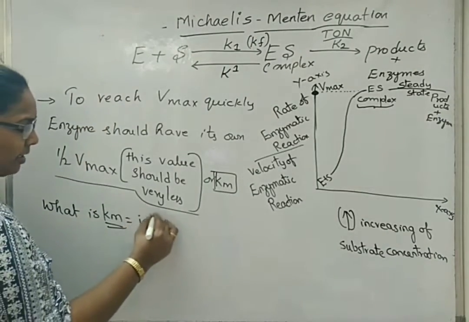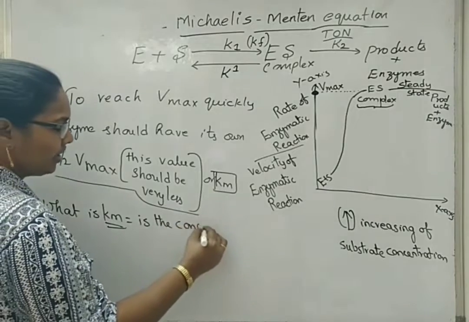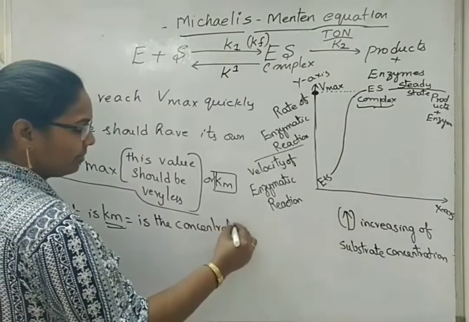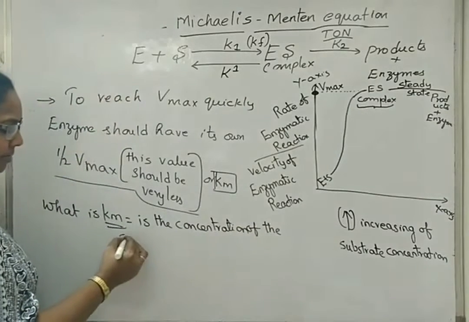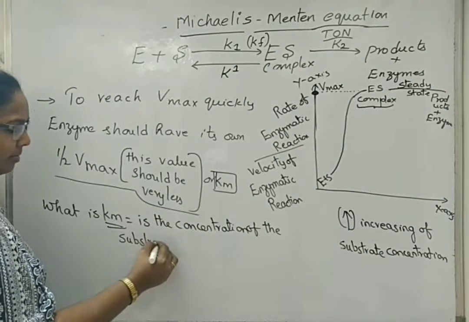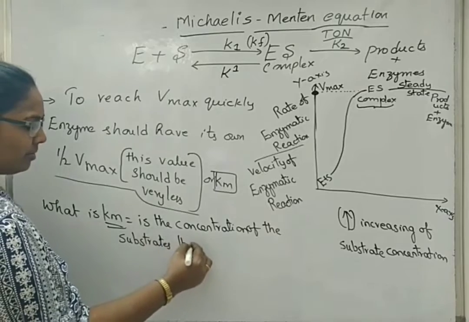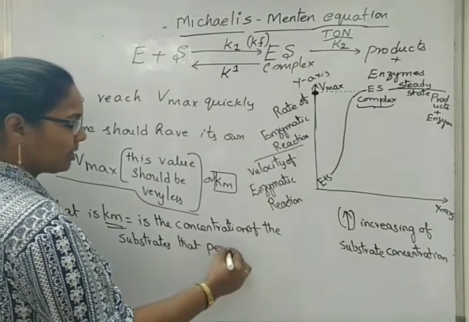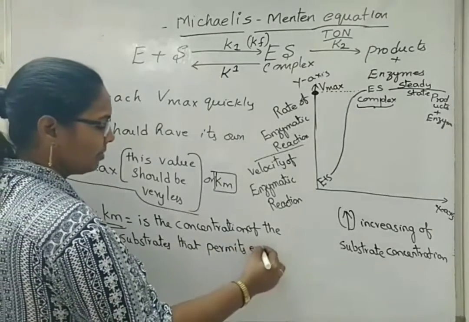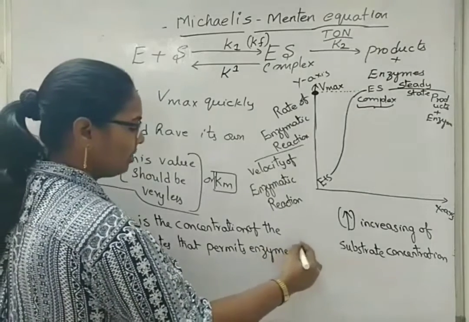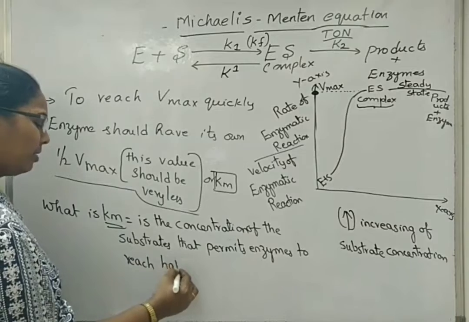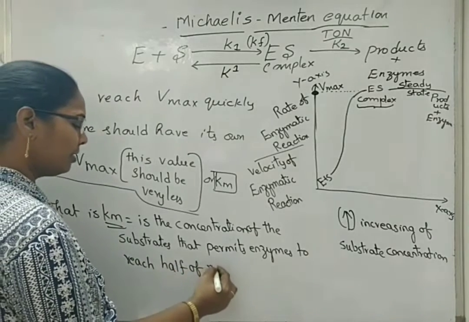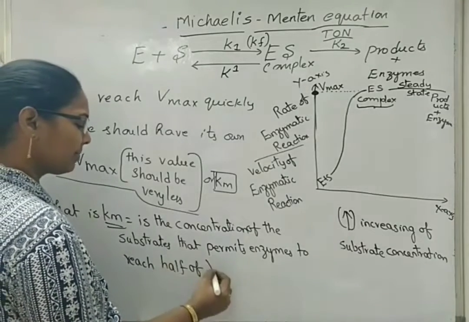Km is the concentration of the substrates that permits enzymes to reach half of Vmax.